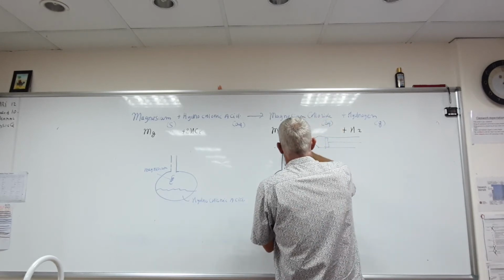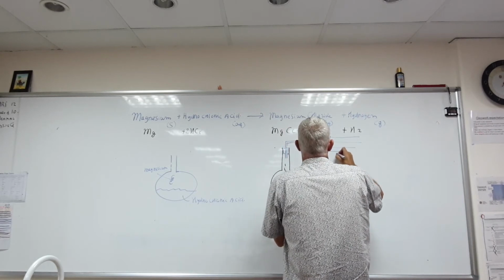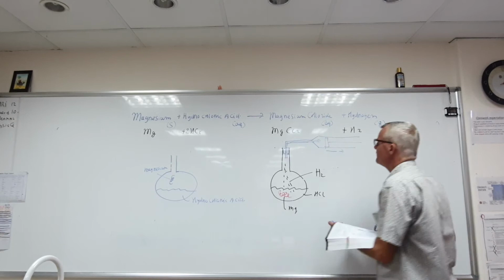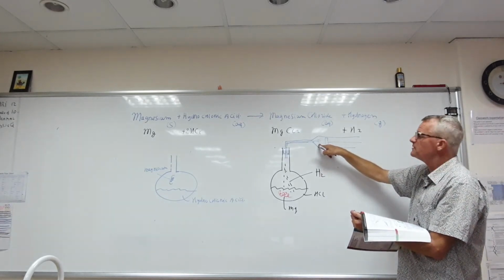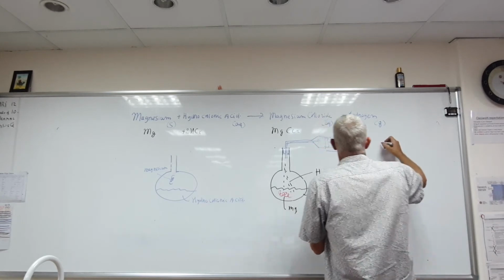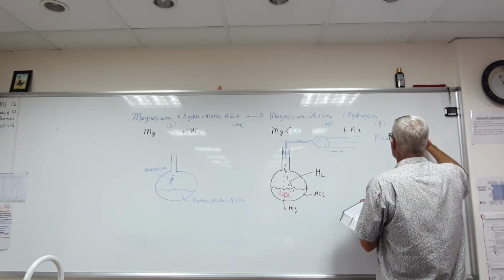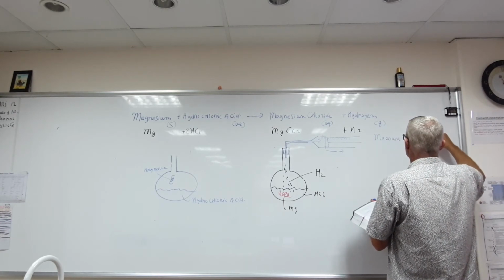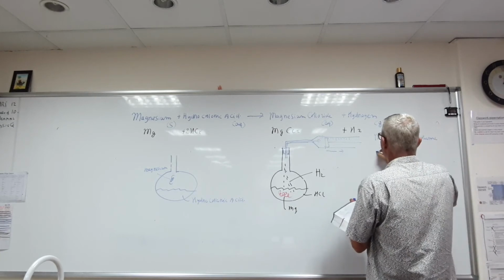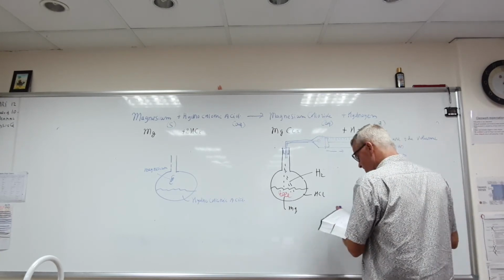as gas is coming in here, syringe is going to move. Going to move this way, yeah, and the volume is going to increase, and we can measure the volume of gas, for example, each 10 seconds.